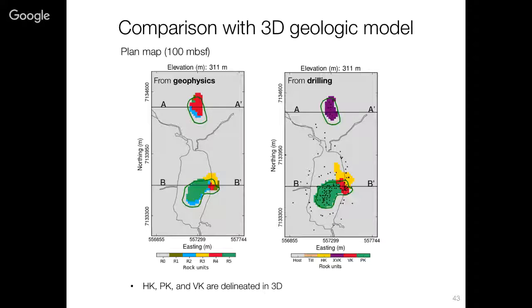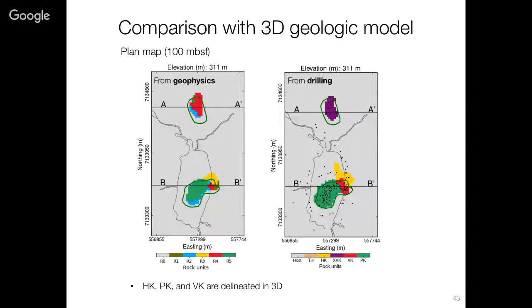This area has been drilled and geologically logged, and from the drilling we're able to generate a geologic log in which we've got these colors here. So the green here is what's called the PK unit. That's the one that's really important.